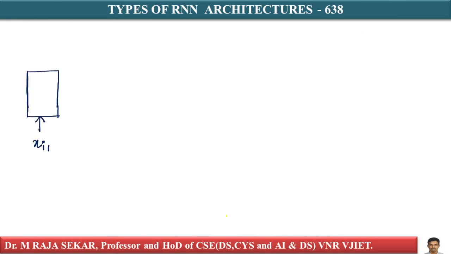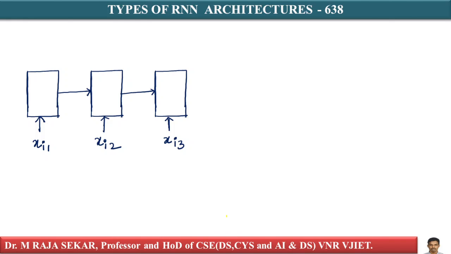It generates an output which is refed into xi2, again refed into xi3, so on and so forth. Finally you have your xi-m, which generates this yi cap. So this is the architecture that we have seen till now.